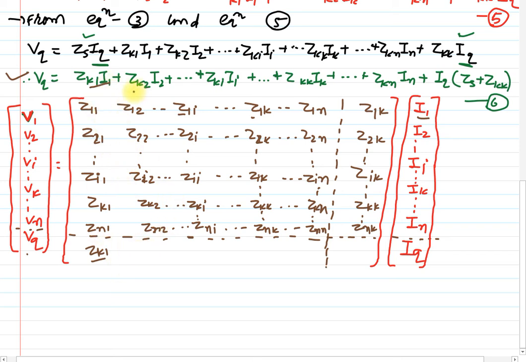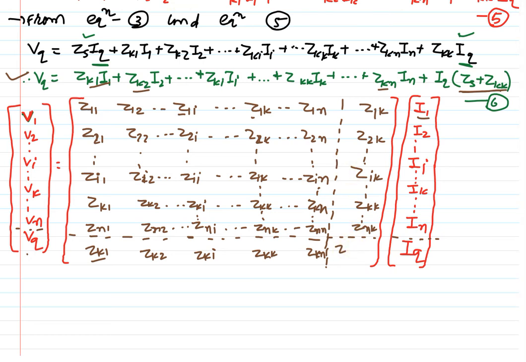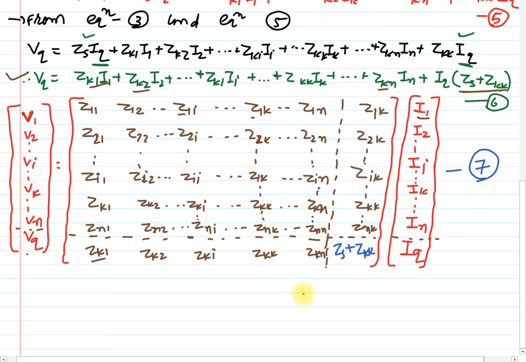Same way it is Zk2, same way Zki, after Zki it is Zkk, and the last one is Zkn, and the diagonal element, let me use different colors to highlight this, which is Zs plus Zkk. I hope you have clear the equation number 7, which gives the final equation.